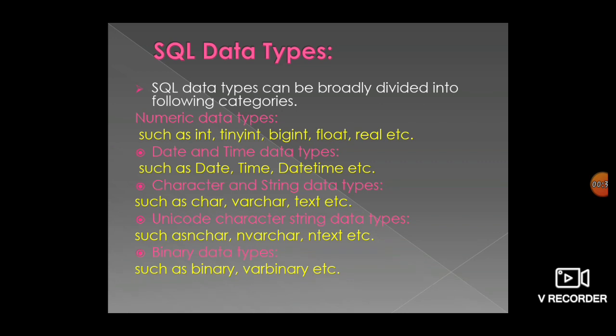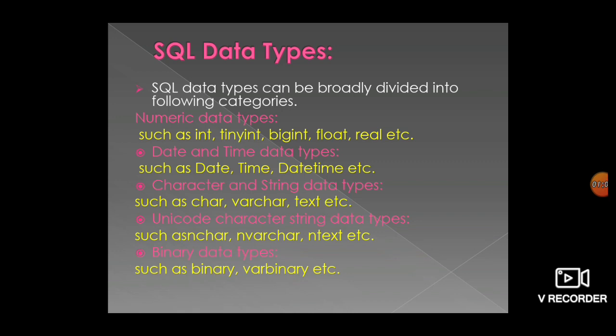In numeric data types you store data in the form of numerical values, like 1 2 3, or in decimal format. In date and time data types you store data like the date of the day, time, and date and time.